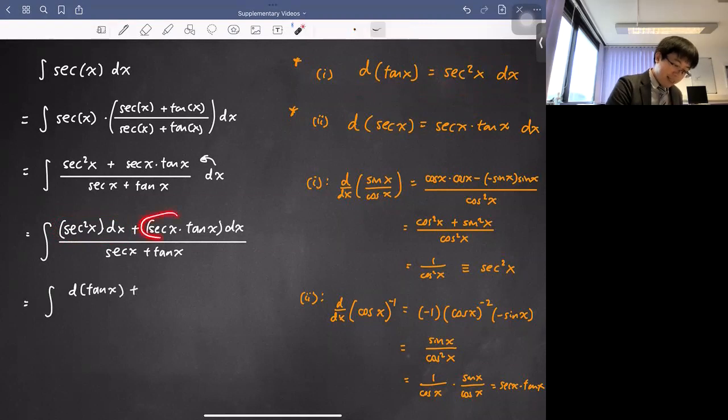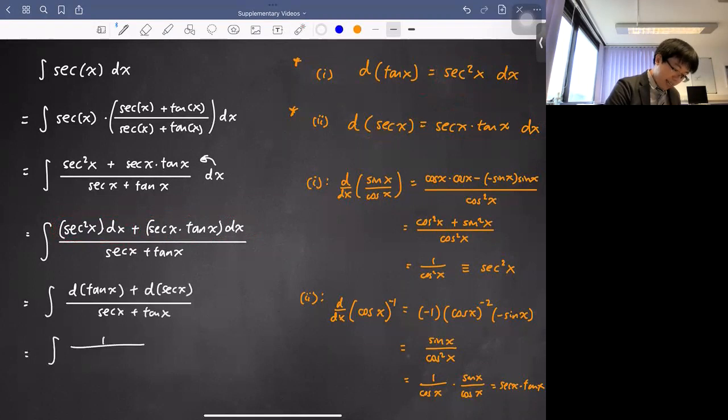Similarly, here it's secant times tangent times dx. Notice that secant times tangent times dx is literally the differential of secant x. Because derivatives are linear, we can write d tangent x plus secant x like this.